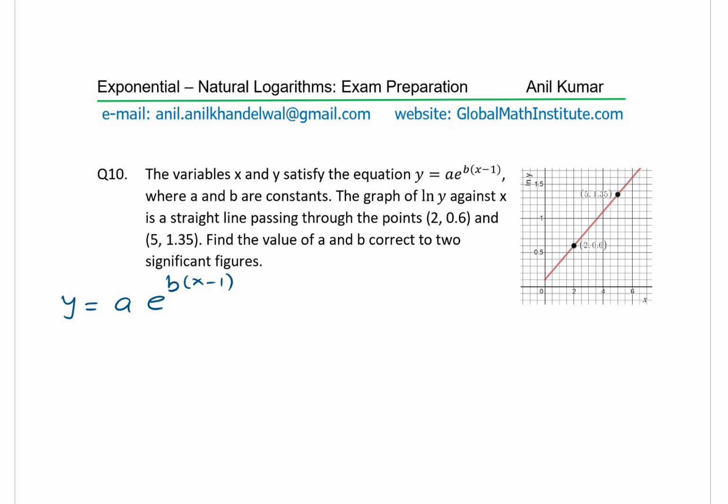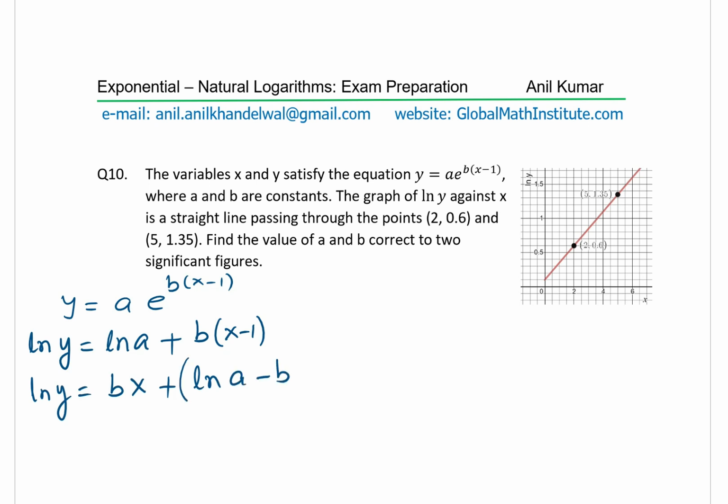Okay, so let's take ln both sides. So we get ln y equals ln a plus b times x minus 1. Now, bx is there. So let's write ln y equals bx, and the constant term now will be ln a minus b. So that becomes the constant term for us, which is the y-intercept.